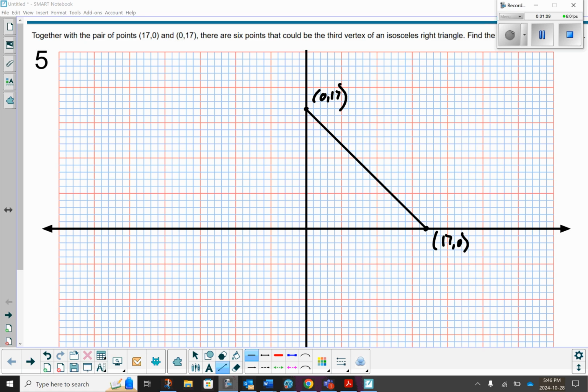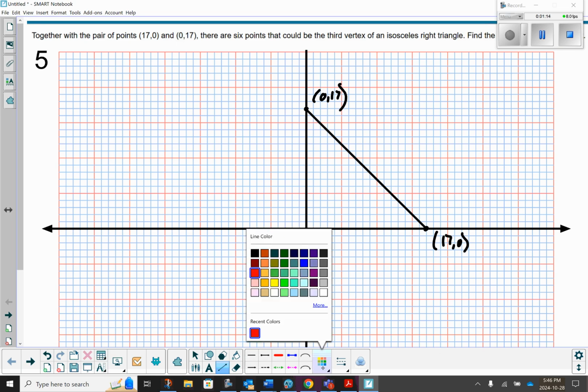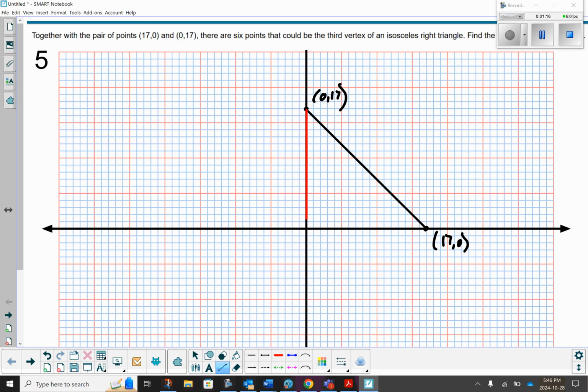Well, just coming down here to the origin and using one horizontal and one vertical segment, that would make it a right triangle. It says it's got to be isosceles. Well, this side will be 17, that side will be 17. This is an isosceles right triangle. One of the possible locations is the origin.